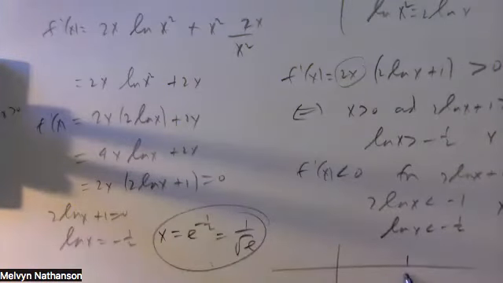And f prime of x is less than 0 for 2 log x plus 1 less than 0, 2 log x less than minus 1, or log x less than minus a half, x less than e to the minus a half, or 1 over the square root of e. So on the positive x-axis, here's 1 over the square root of e. When x is bigger than this, the function is increasing. And when x is less, the function is decreasing.